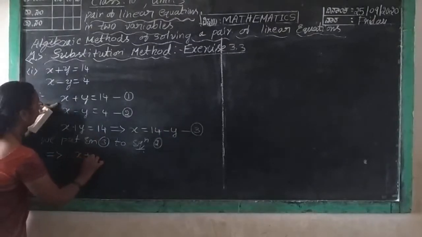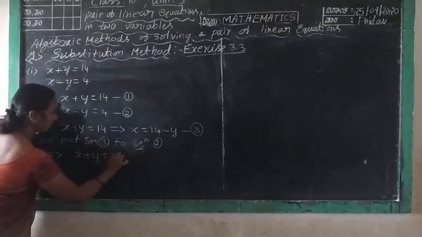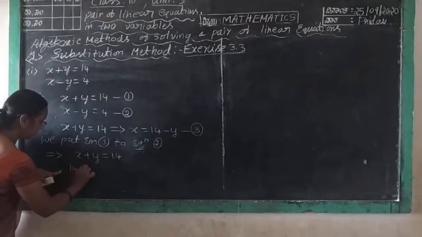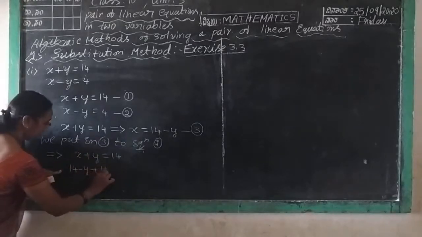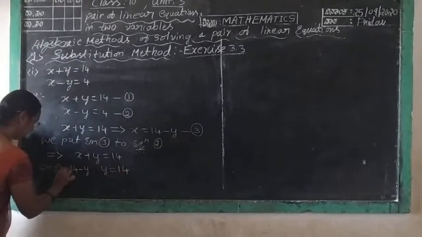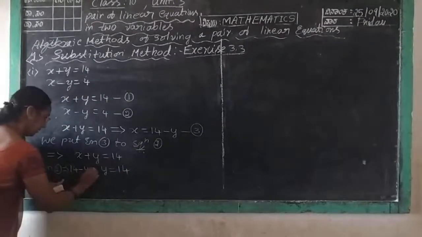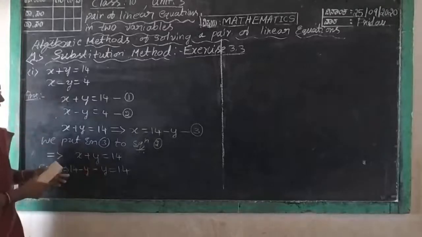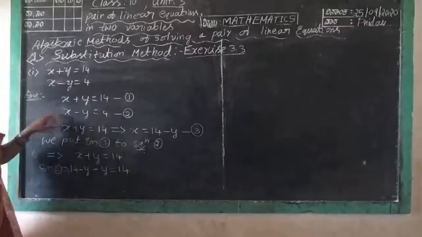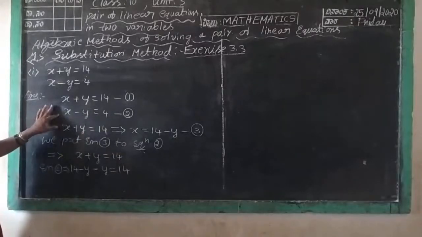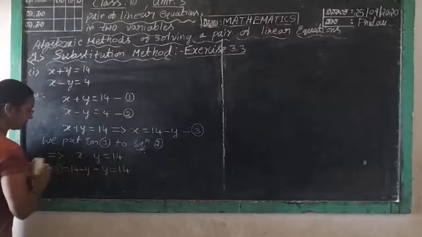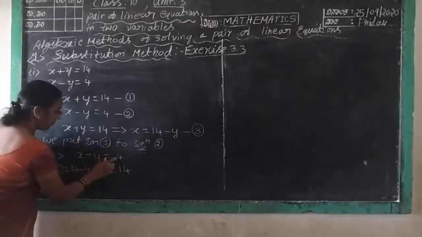x plus y is equal to 14. Then we put the x value, 14 minus y, plus y as it is, equal to 14. Equation 2 becomes: we put equation 3 into equation 2, then we will get x minus y is equal to 4.